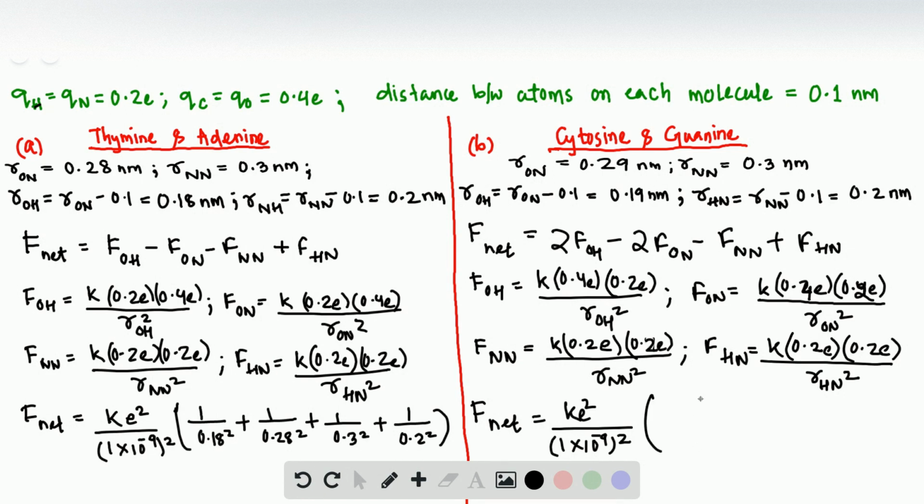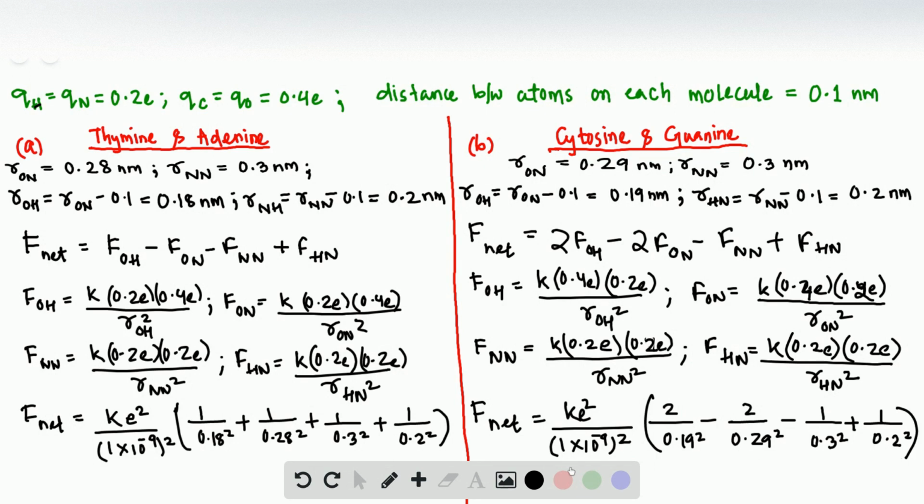So it will be 2 over 0.19 square minus 2 over 0.29 square minus 1 over 0.3 square plus 1 over 0.2 square.